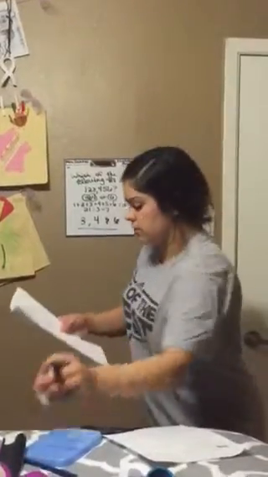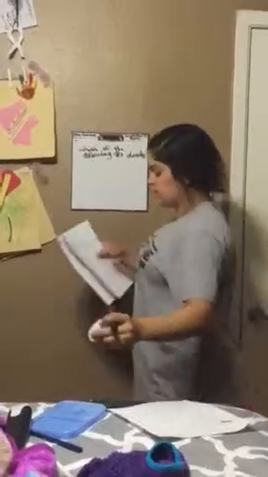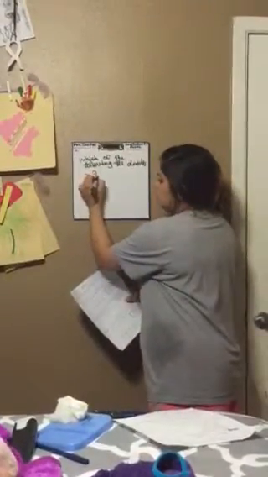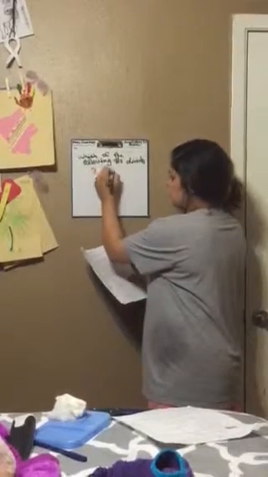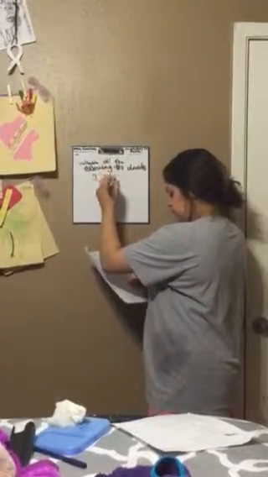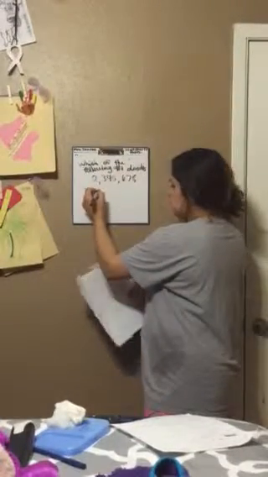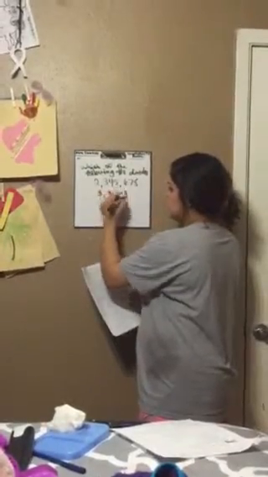The second example we're going to do is which of the following numbers divide 2,345,678. Is it 3, 4, or 6?